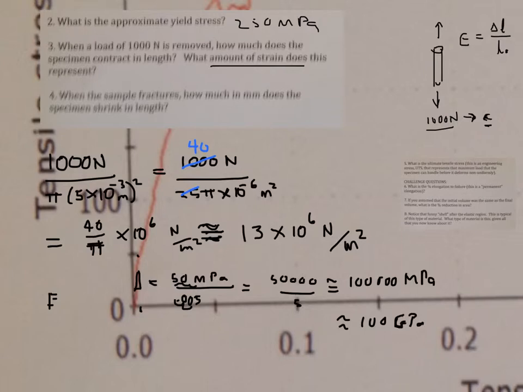Now, 100 gigapascals is on the order of the Young's modulus that you'd expect for steel. So let's use this as the value for this computation, 100 gigapascals.